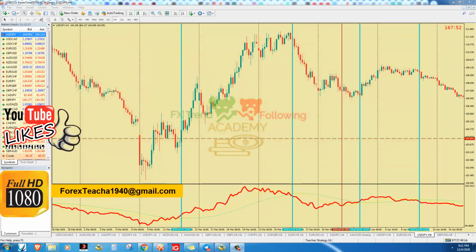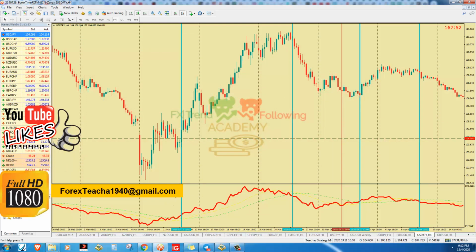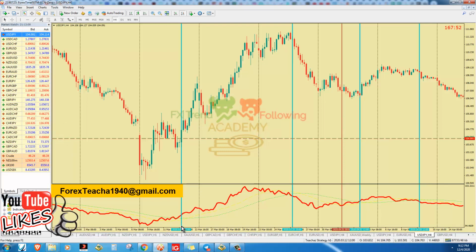Let me quickly share with you step by step. Right here on this chart, I've put some lines so that it's easier for me to show you. I've put this vertical line right here. If you follow it going down, you should see the US dollar index.